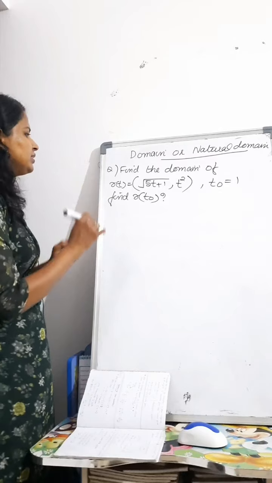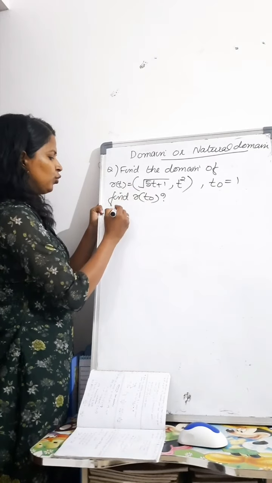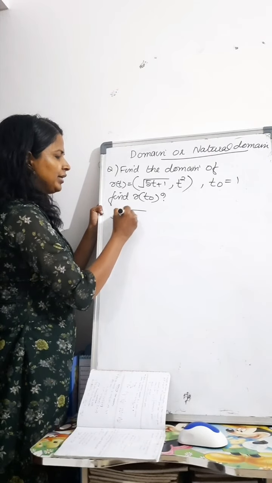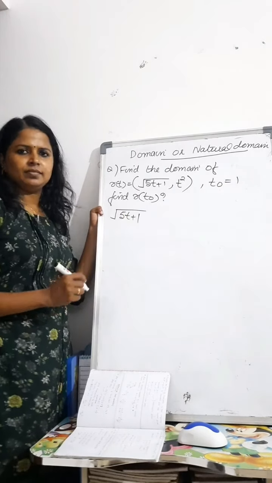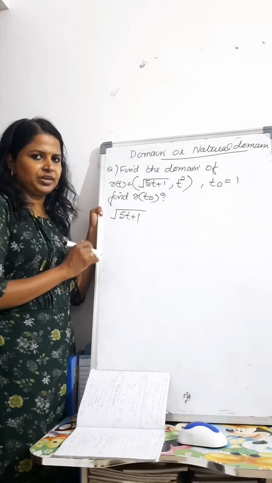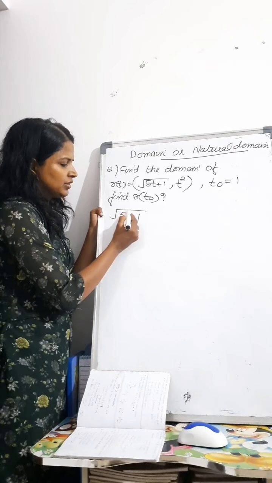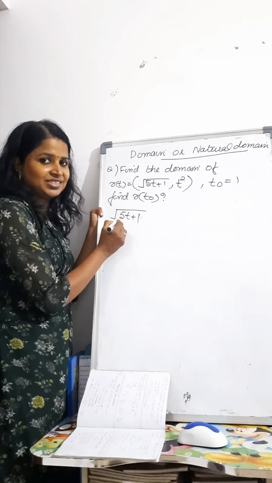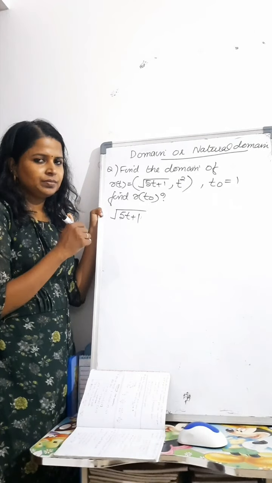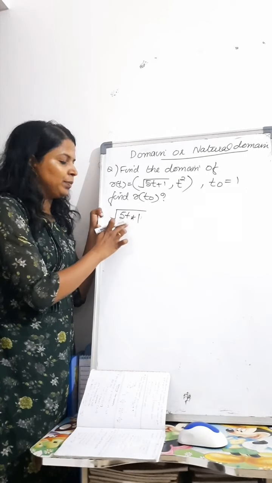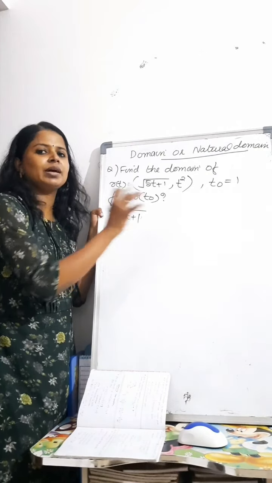Find the domain. Listen, here root of 5t plus 1. If this term 5t plus 1 is negative, the root of 5t plus 1 is a complex number.